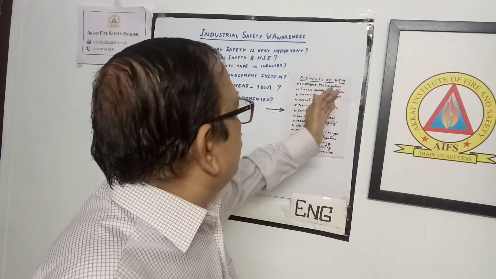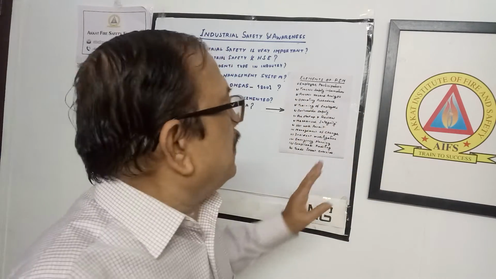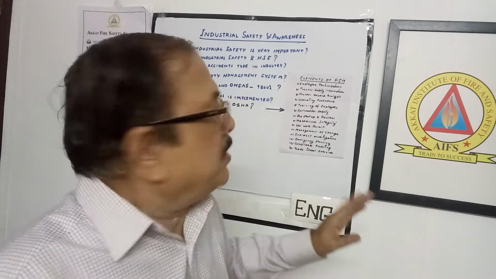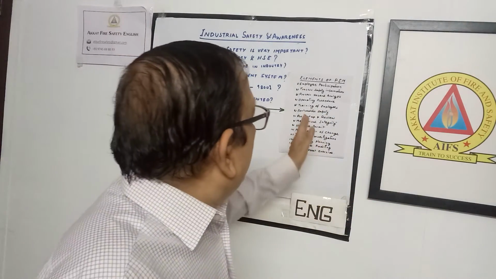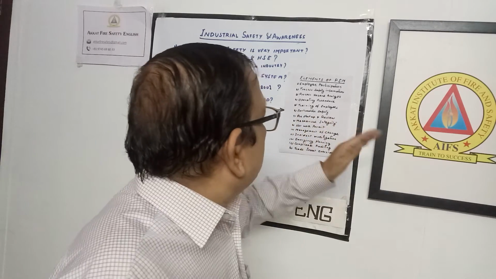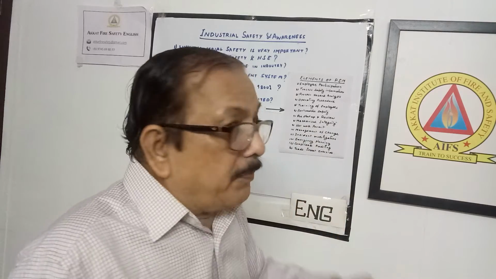Again I'm just repeating the elements of PSM: employee participation, process safety information, process hazard analysis, operating procedure, training to employees, contractor safety, then pre-startup and review.